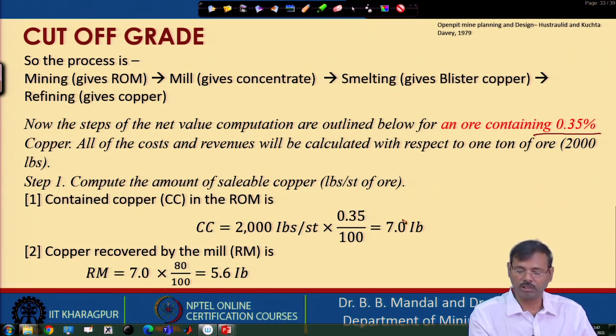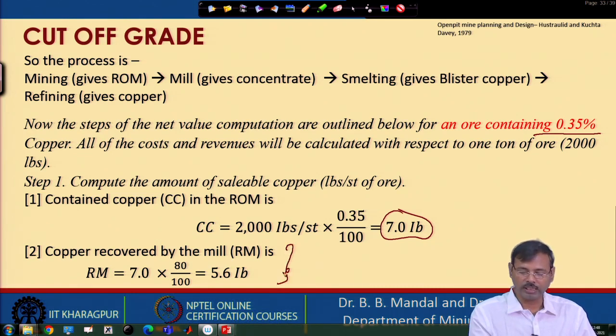In 1 short ton, the copper is 7 pound only, and we consider the mill recovery remains the same, that is 80%, that 80% copper is recovered in the mill, and the mill concentrate is 20% copper. Now, this is our assumption.